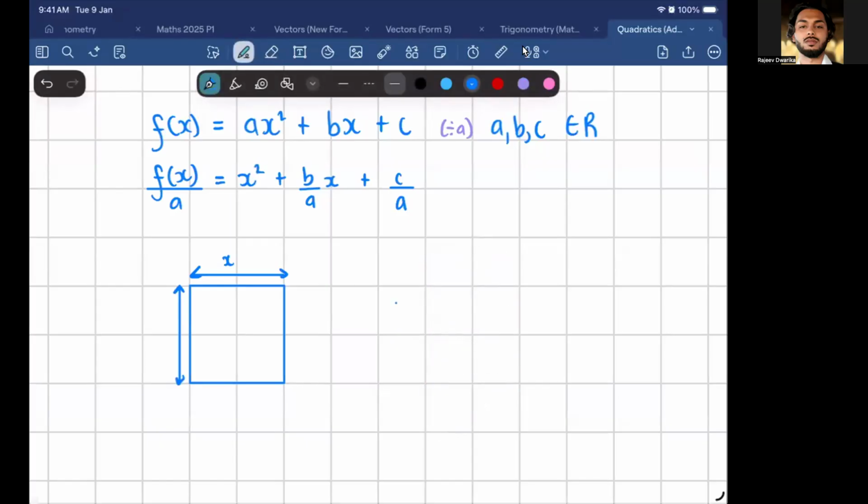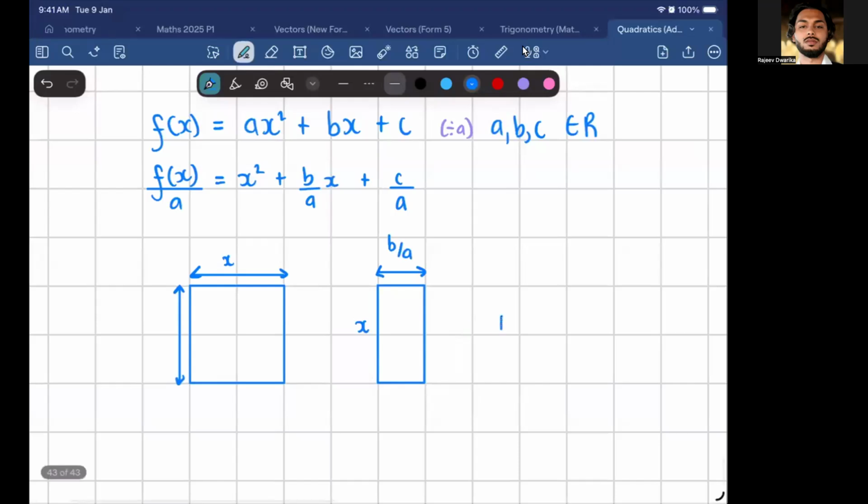So you see how we have b over a x? I could represent that as a rectangle with a length of x here. Both of these dimensions are x. And what do you think I could use for this dimension, if I want to get back b over a x? It would be half of b over a. Wait, not so fast. I'll write b over a for now.